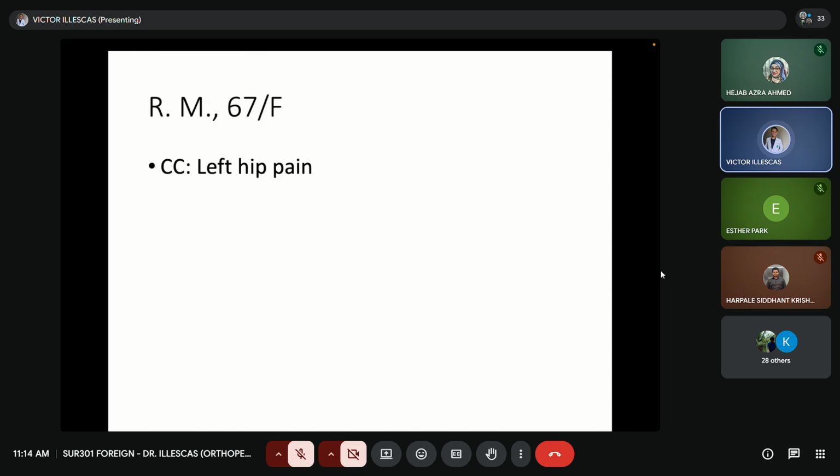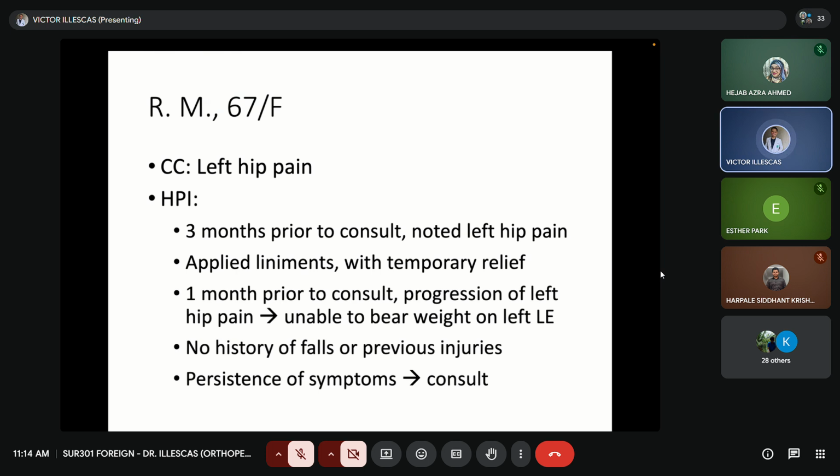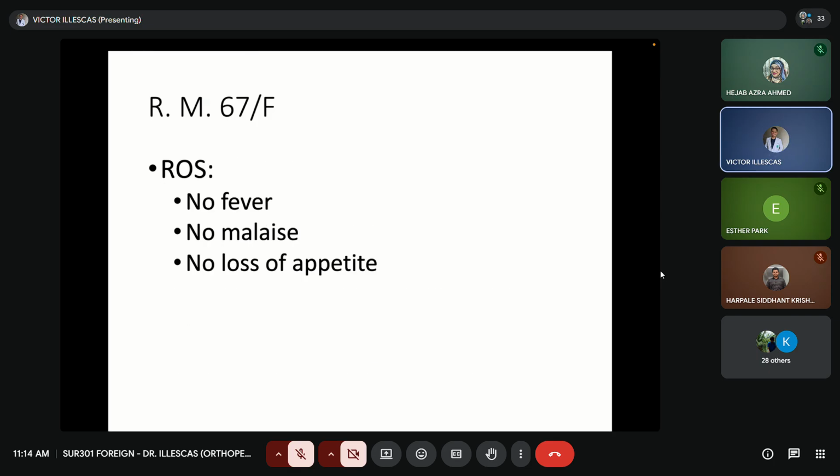Let's begin with the case of a 67-year-old female who consulted because of left hip pain. She initially applied liniments, providing temporary relief, but 1 month prior to consult, there's already progression of the problem. So this prompted consult. There's no fever, malaise, or loss of appetite.